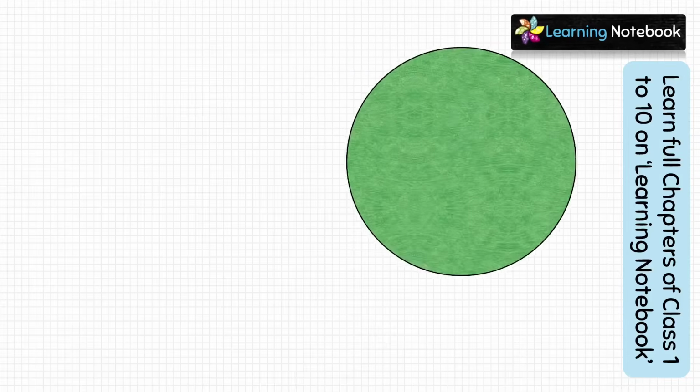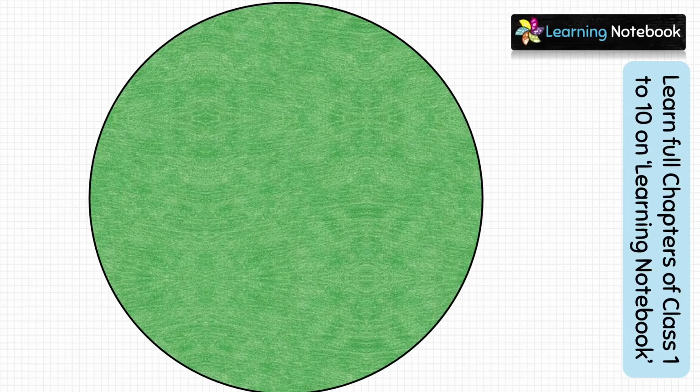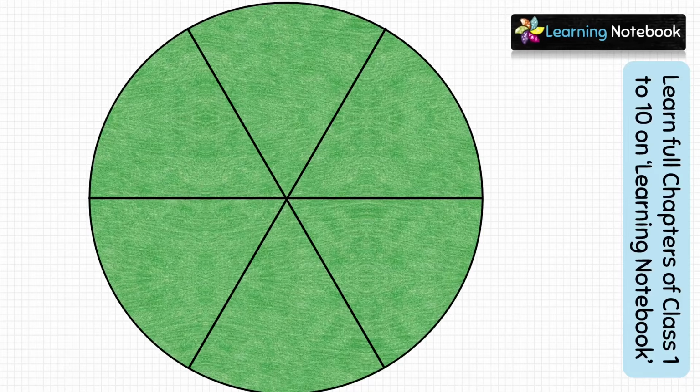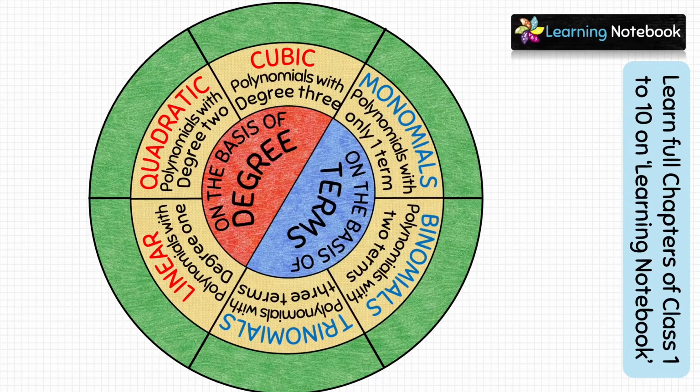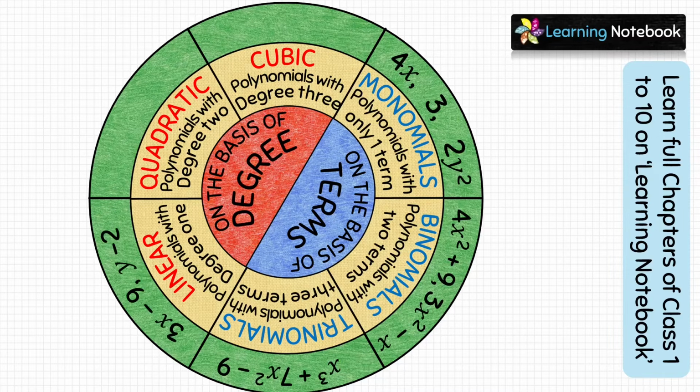Now students, take the green circle and divide it into 6 equal parts. Then place the yellow circle and red and blue circle on this green circle and make sure to match their centers. Next, write the examples of each one of them which I told you earlier.